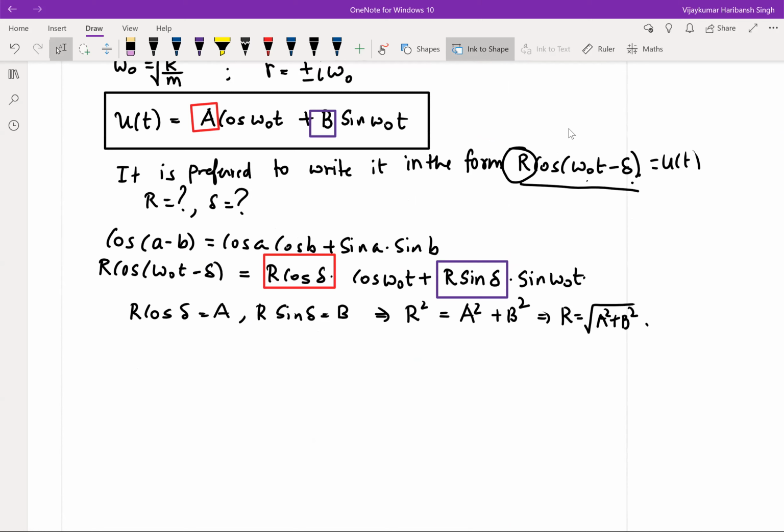What is delta? To figure that out, divide B by A. R sine delta over R cosine delta equals B over A, which is equal to tan of delta. That means your delta is tan inverse of B over A.